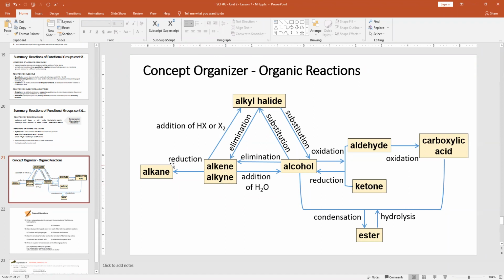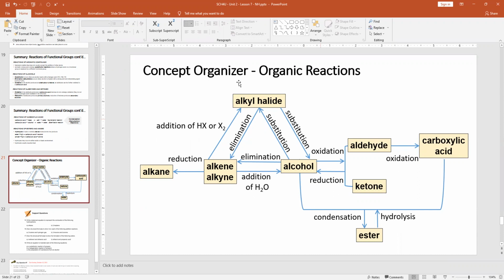Alkenes and alkynes can then further be reduced to alkane molecules, having lost their double bond. You could have addition of water to these alkenes and alkynes to produce alcohol, or you can have the elimination of water from alcohols to give alkenes or alkynes. So you can explore some of the relationships here to understand how they're related.